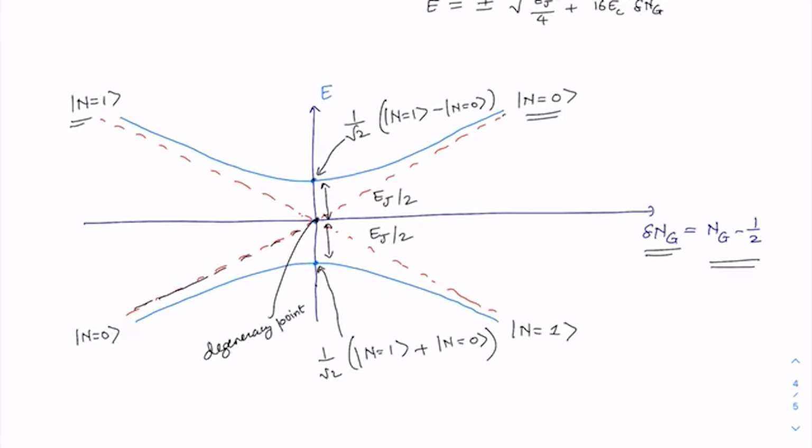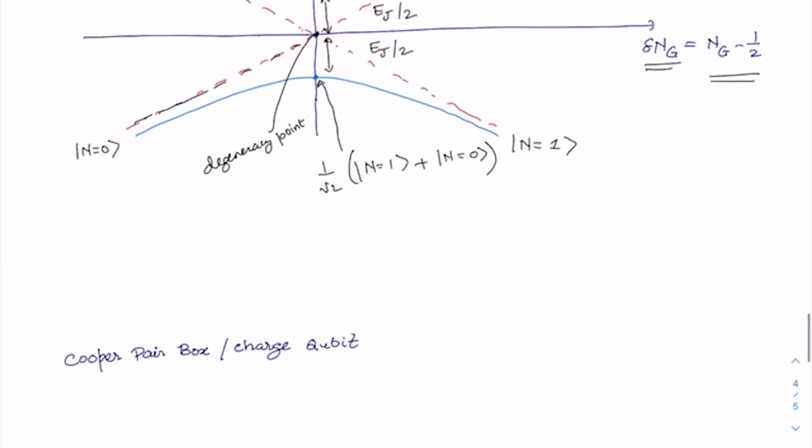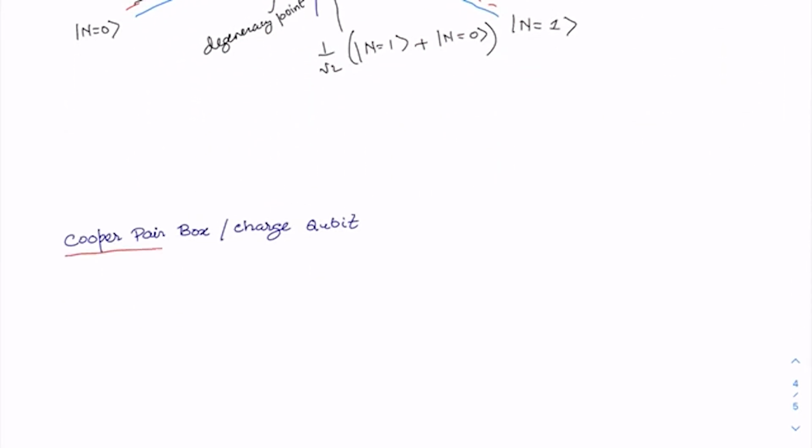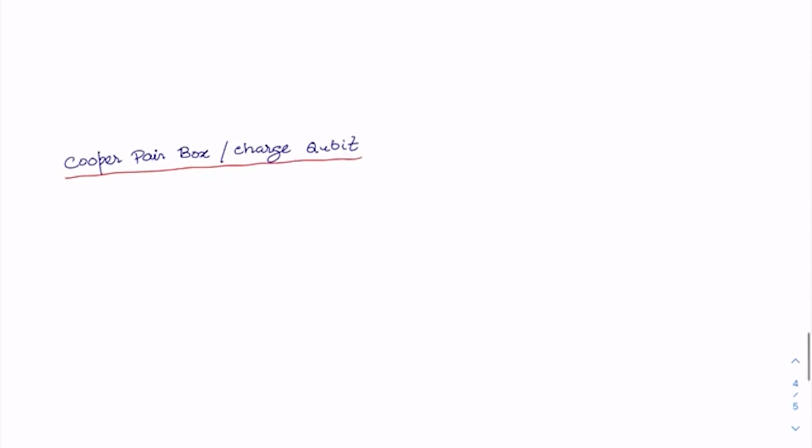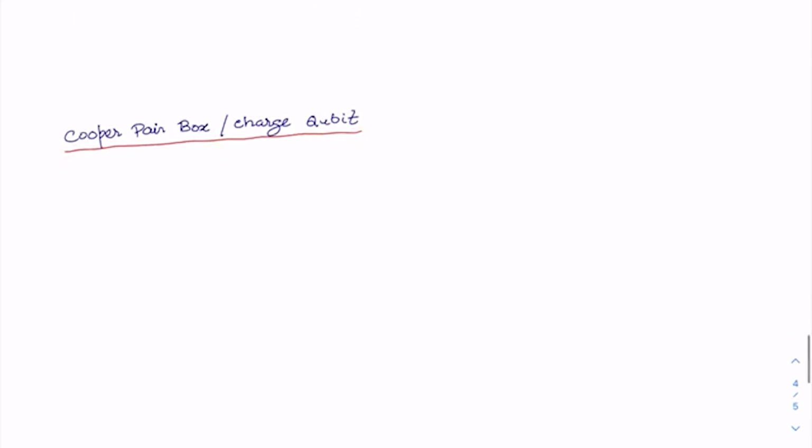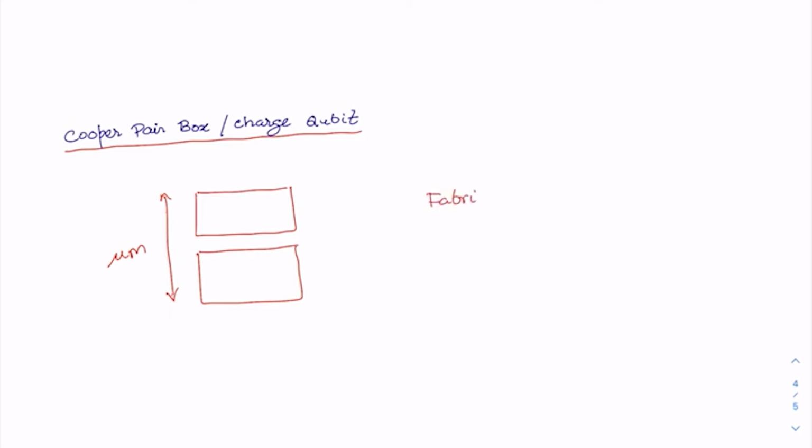So we have learned about the Cooper pair box, also known as the charge qubit. As I said earlier, the typical size of a Cooper pair box is in the micrometer range, and these Cooper pair boxes are fabricated using lithographic techniques.